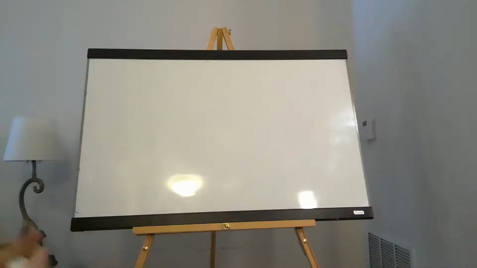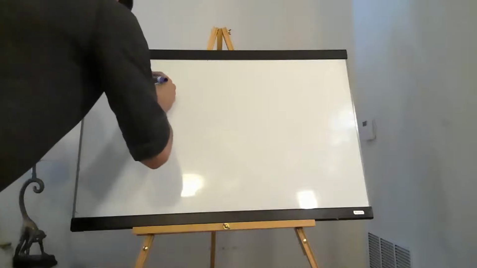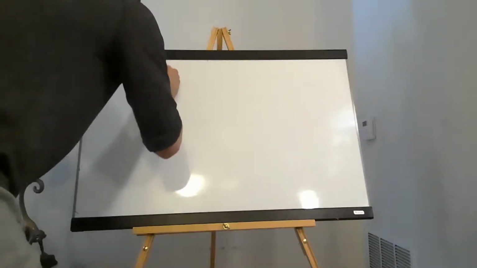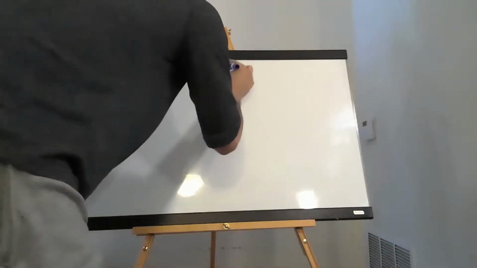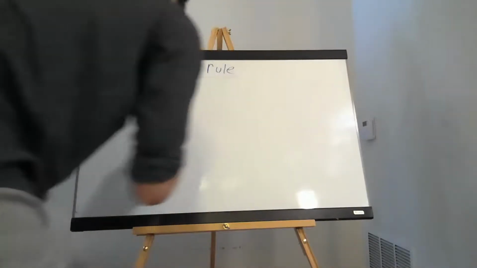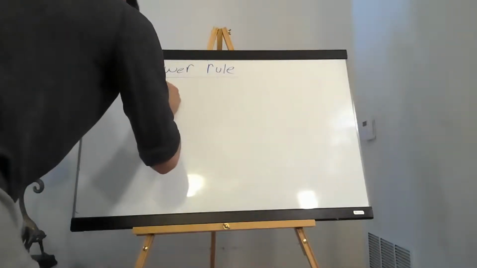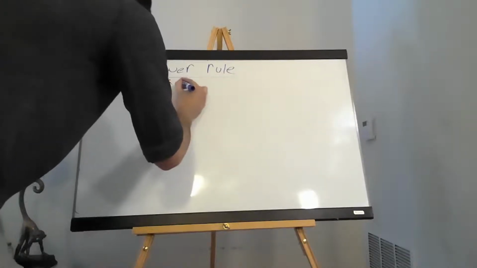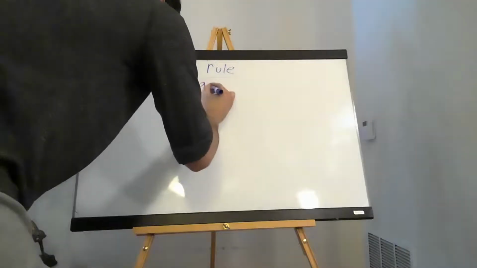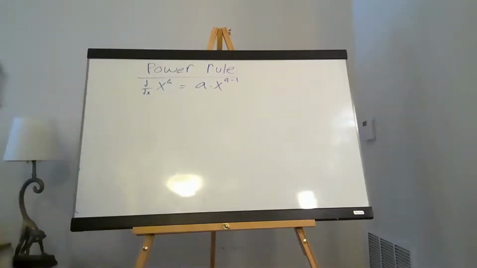I've already been over this once, but I'm going to reiterate the power rule because it's very essential. The power rule states that the derivative d/dx of the function x to the a equals a times x to the a minus 1 power. And this is relevant to any polynomial statement.